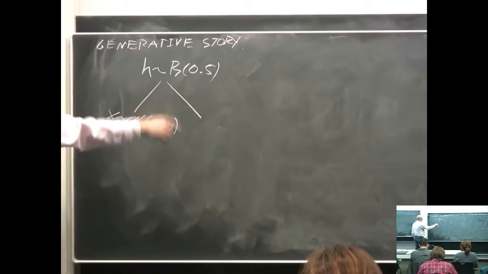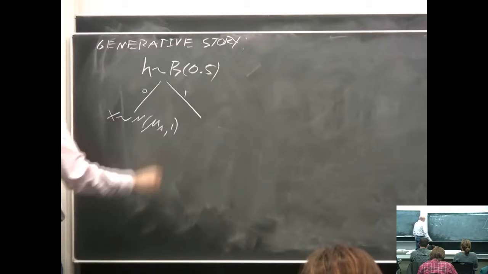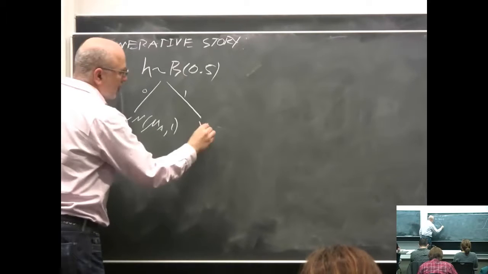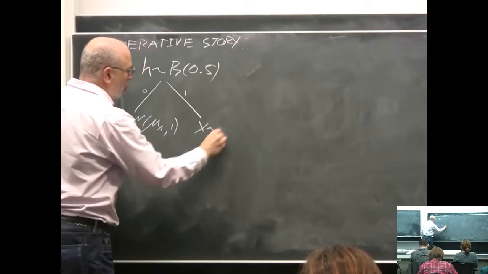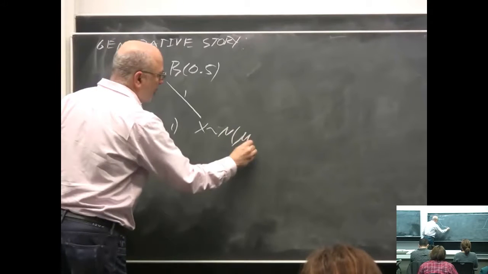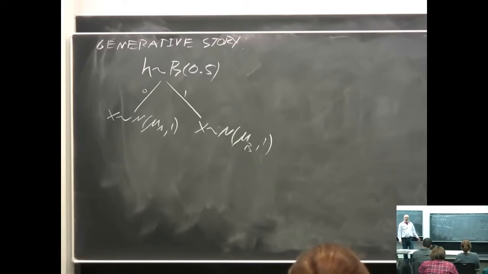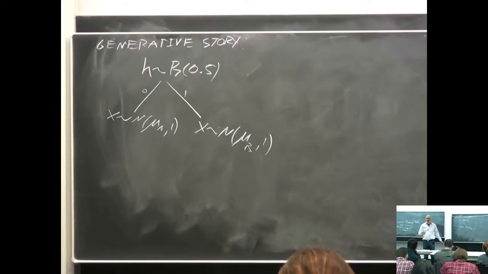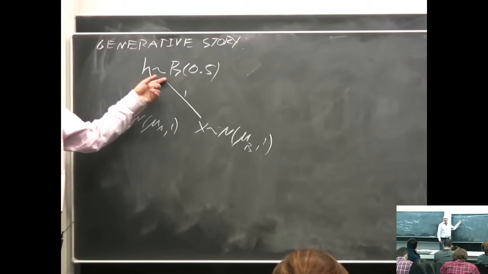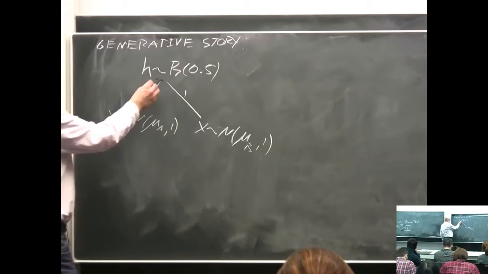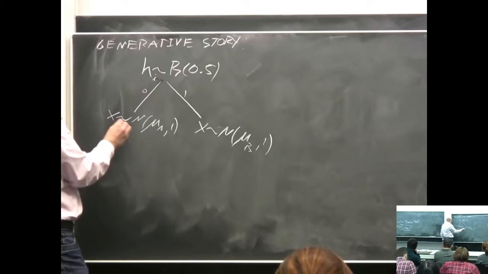And if H goes the other way, H is binary, I draw X from a normal with mean B and standard deviation 1. So this is my graphical representation of the process. The one other important thing is that each X is independent of any other X. Once I'm done generating one X, I'm going back to the top and drawing another H. So maybe I call this Hi, and this is Xi.